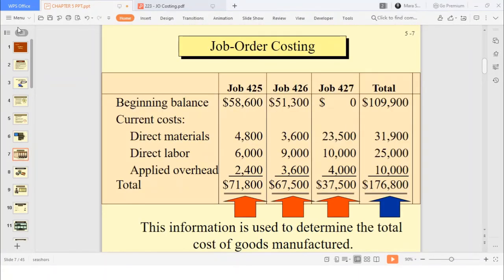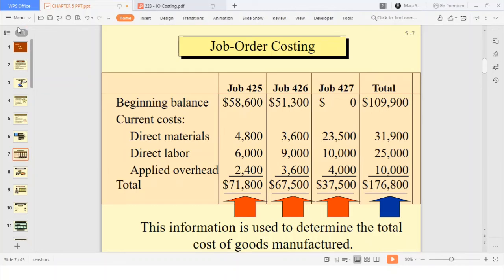In job order costing, your costing is per job. Again, your costing is per job, meaning each job has different direct materials, direct labor, and overhead, as you can see here.